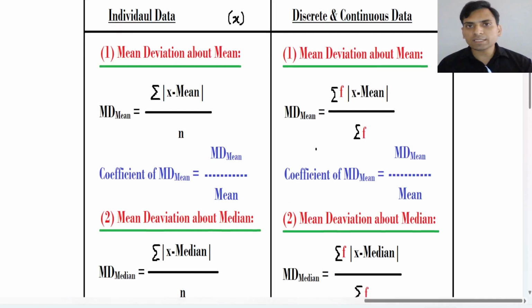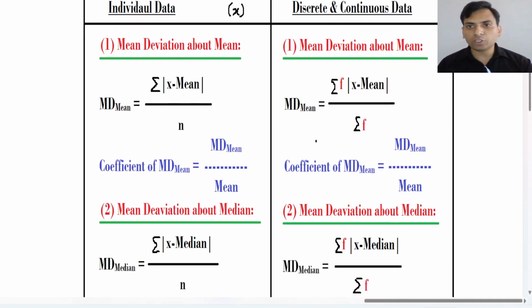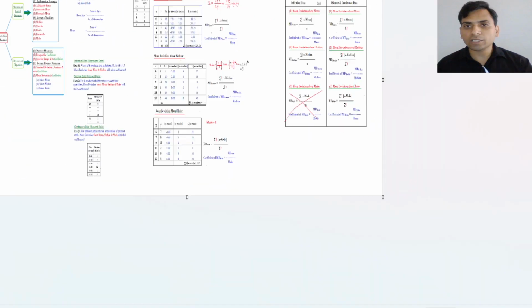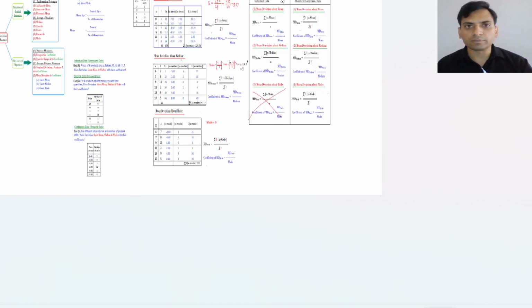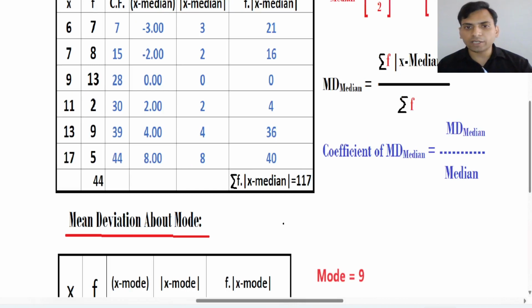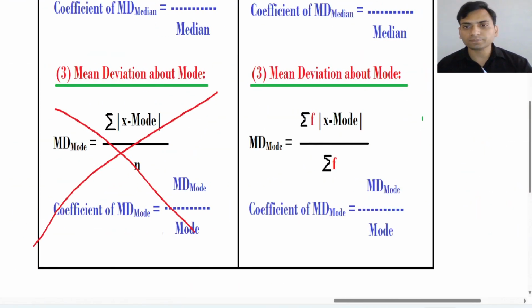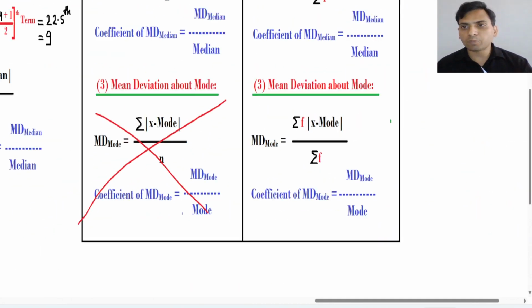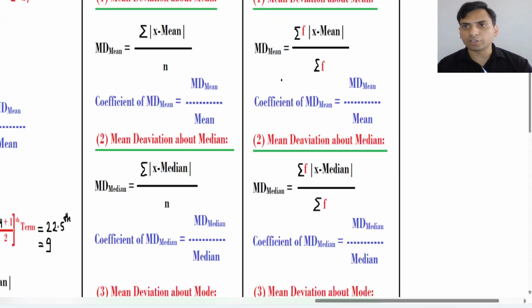Now we will see discrete and continuous type of data. You can convert continuous type of data into discrete form using the midpoint x of the continuous data.